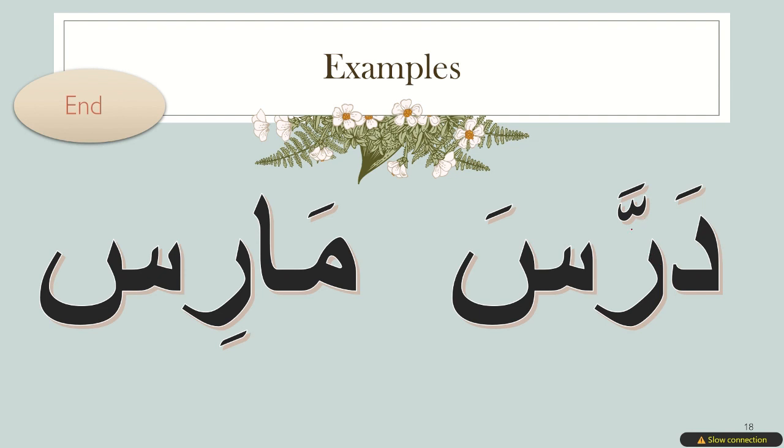It has Shadda, so it would be doubled with Fatha, so doubled with A sound, so Ra. And the last one, if you remember, Ra is not connected to the letter after. This is why we wrote Sin as if it's isolated with no connection at all, because Ra is not connected to the letter after.